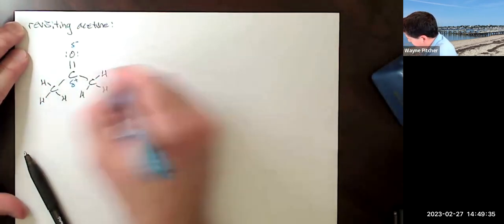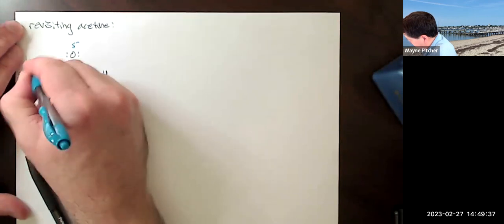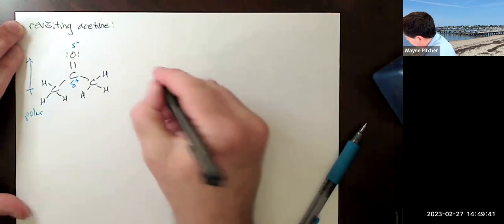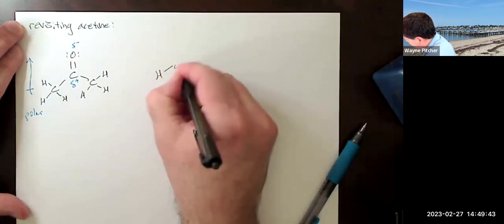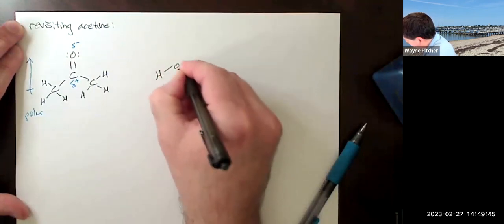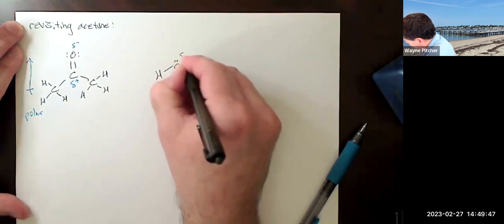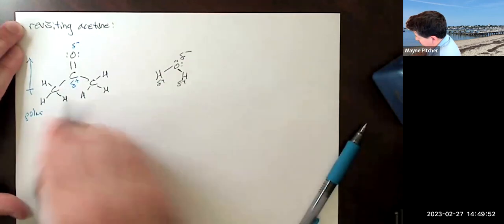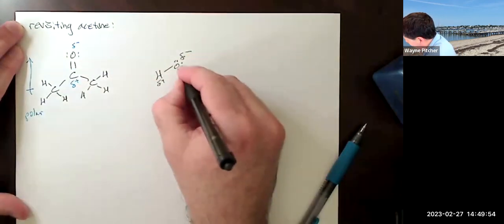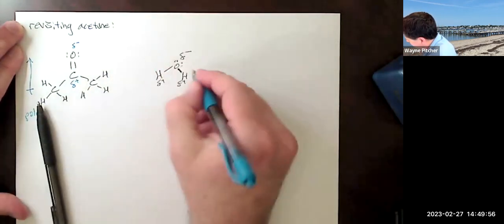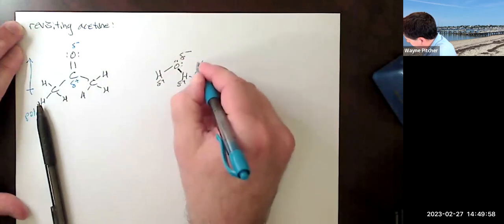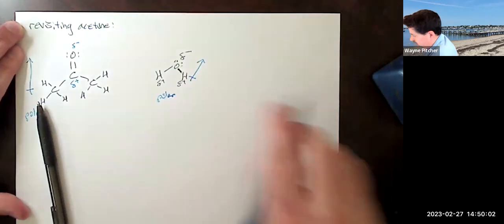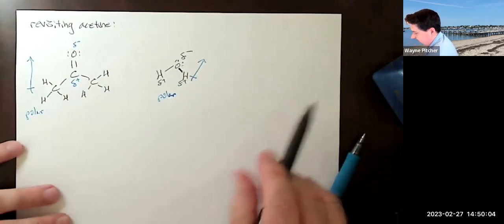And again, this is polar. And we can compare that to water, delta minus, and delta plus on the hydrogens. But because water is bent, we have a net dipole moment as well. So water is also polar.